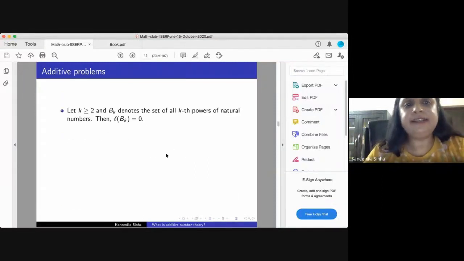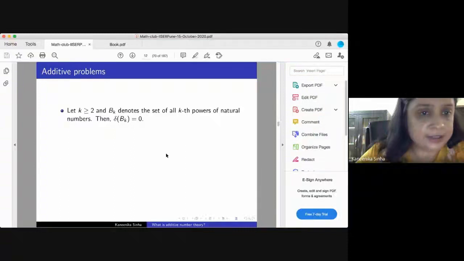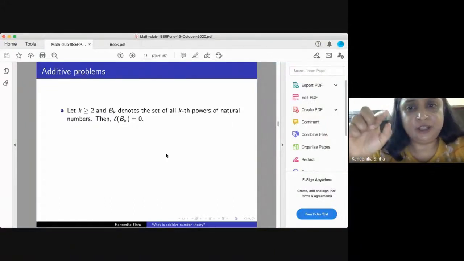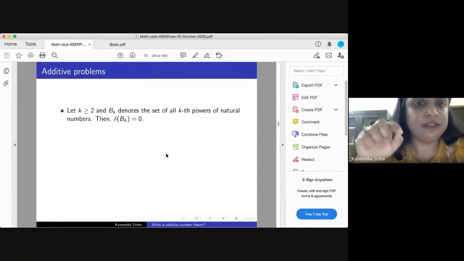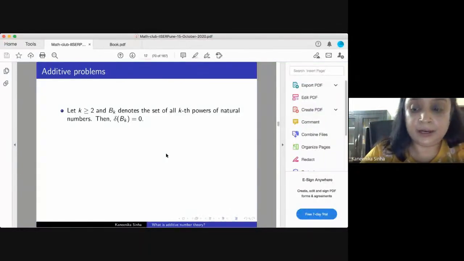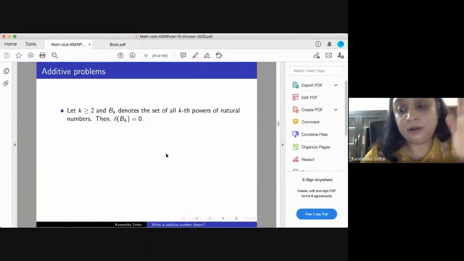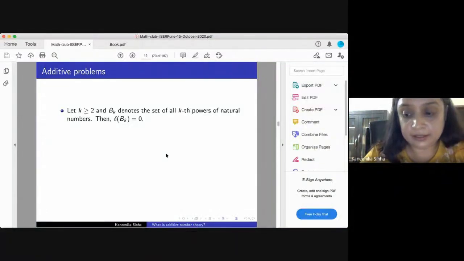So, for example, let us take, as Waring did, k greater than or equal to 2, and let B sub k denote the set of all kth powers of natural numbers. It will not take you very long to verify that delta of B sub k is equal to 0, because you'll have a ratio of the form n raised to the 1 by k over n, so that the infimum of those type of ratios would be 0.